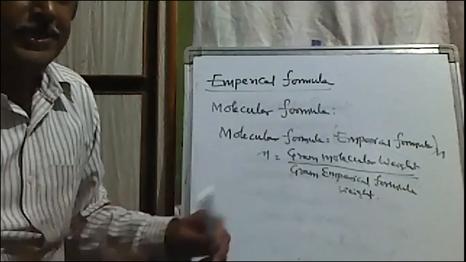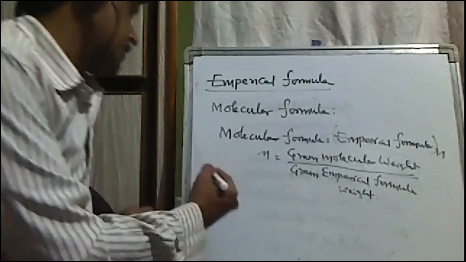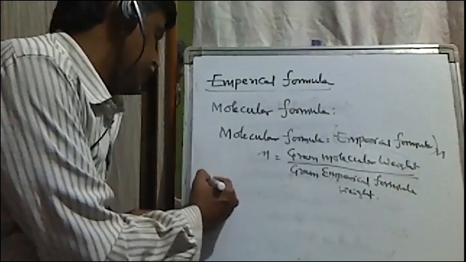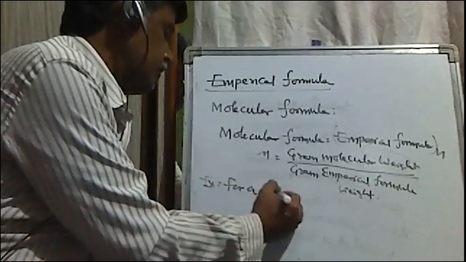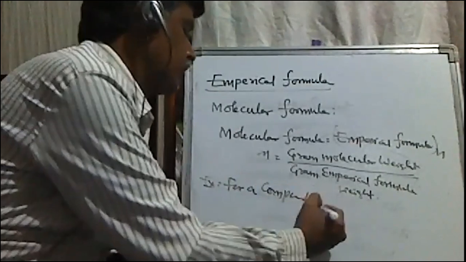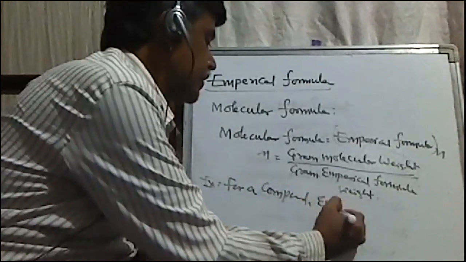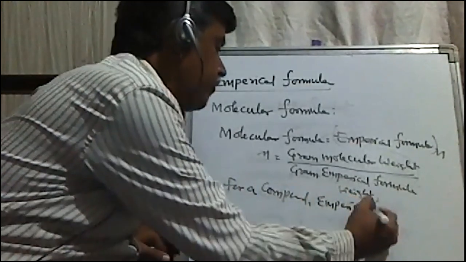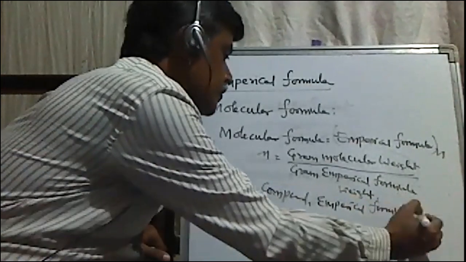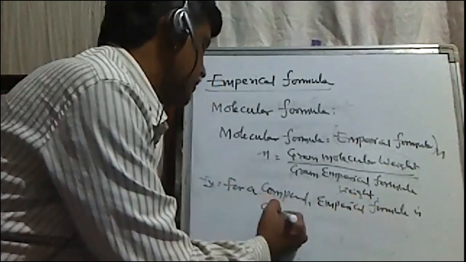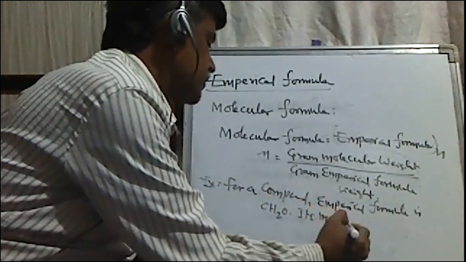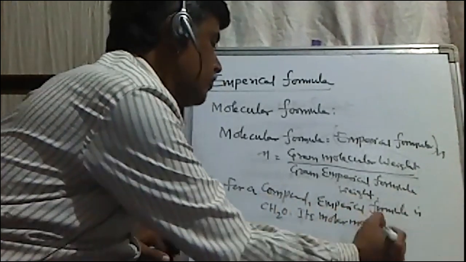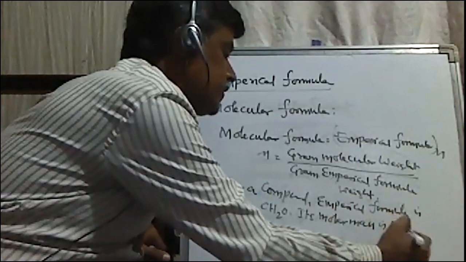Now, let me discuss a problem based on this relation. For example, for a compound, the empirical formula is CH2O. Its molar mass is 180.